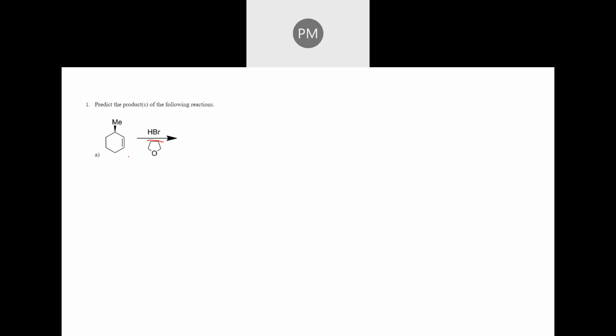Addition reactions are mainly favorable because the addition happens at the pi bond.